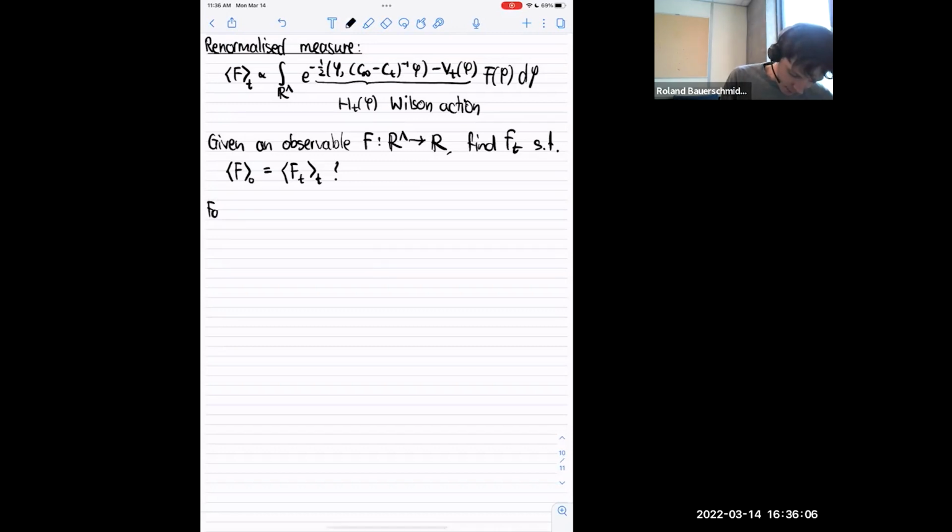Maybe it's another fact or exercise. Suppose that ft satisfies the following linearized version of the Polchinski equation. So Lt is the linearization.